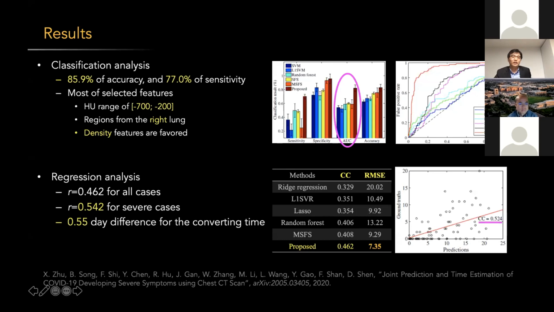And this is the result for the regression. Regression means we want to estimate how many days it takes to convert from mild to severe. For the severe cases, we can get a correlation coefficient of 0.5. It's a very high correlation coefficient. And our estimated converting day compared to the ground truth differs by just half a day.